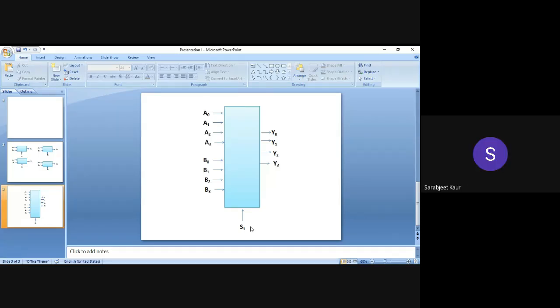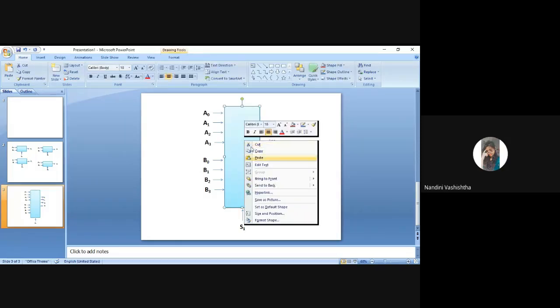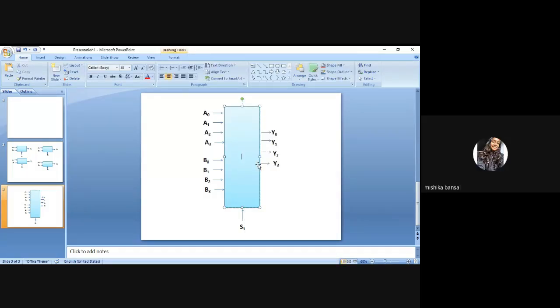So what would be the difference between an 8 cross 1 mux and this mux that we have designed? Ma'am, it has only one select line. Yes, ma'am. In 8 cross 1, there will be three select lines. And in addition, how many outputs would be there? Only 1. And here, how many outputs do we have? 4. Very good.